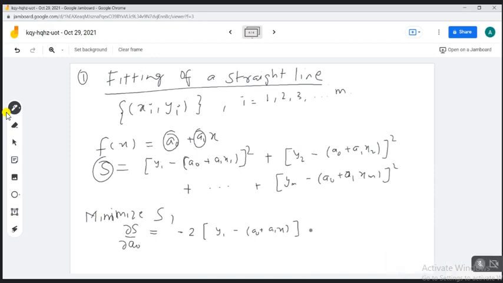Considering a0 as a coefficient, when we differentiate it, there comes a minus sign. Is that okay?